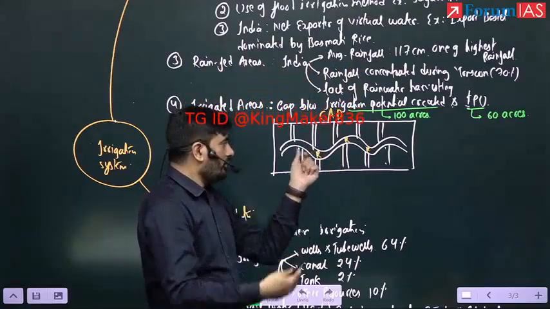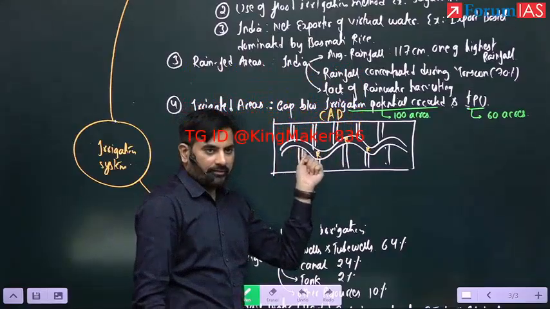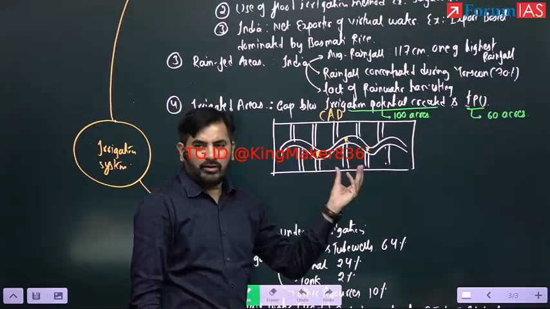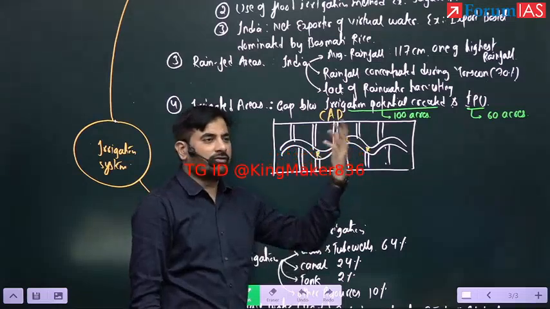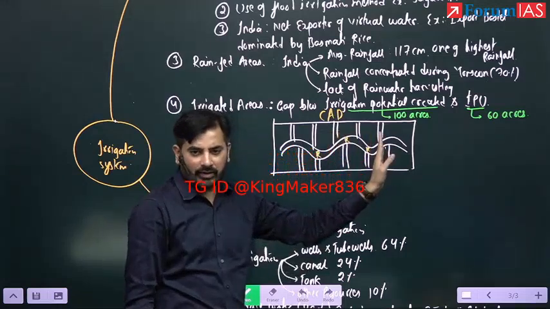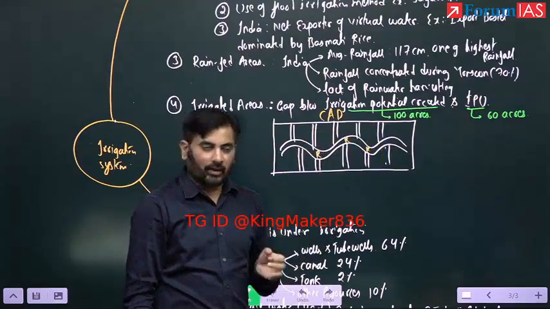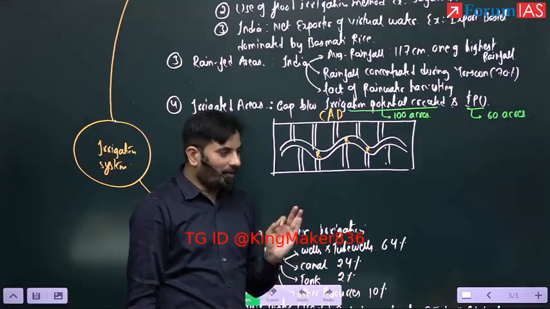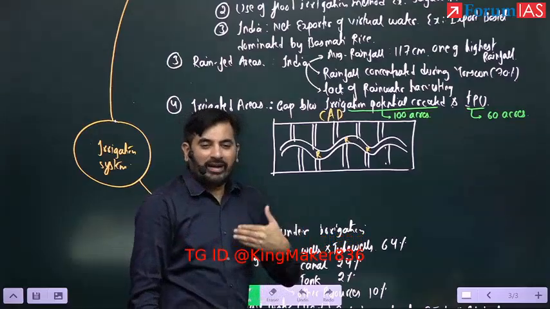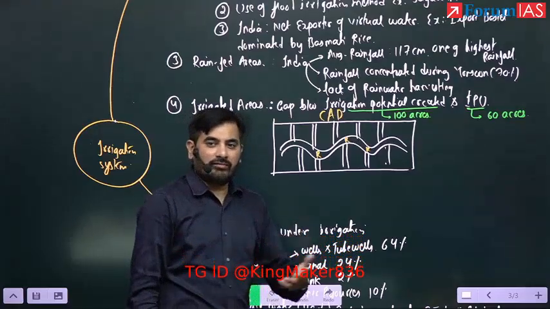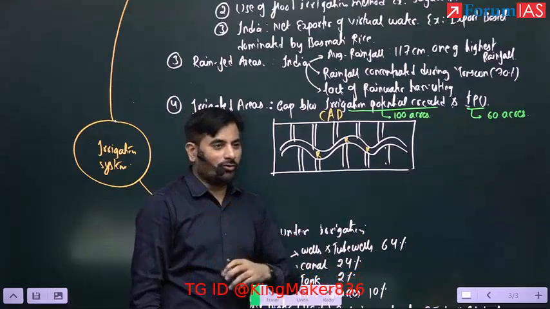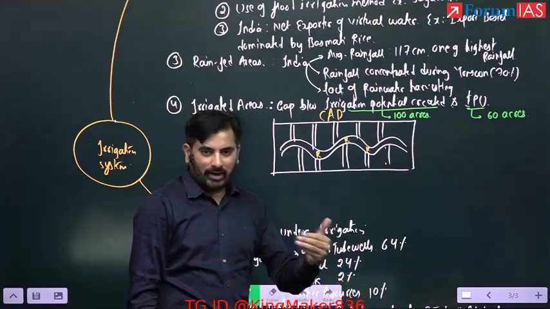Same way here, farmers should pay water tariff. But because of vote bank politics, most state governments do not collect any water tariff, which means the farmers are mostly getting water free. And economics says that when you get something free, you tend to use it very indiscriminately. You don't save it. That's another problem.